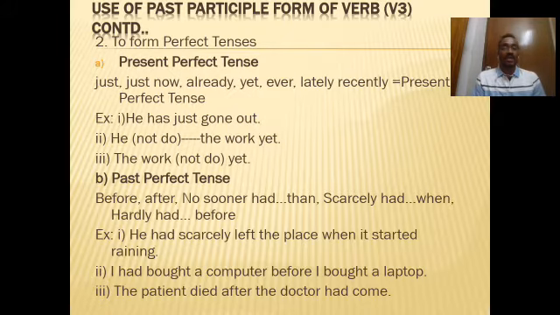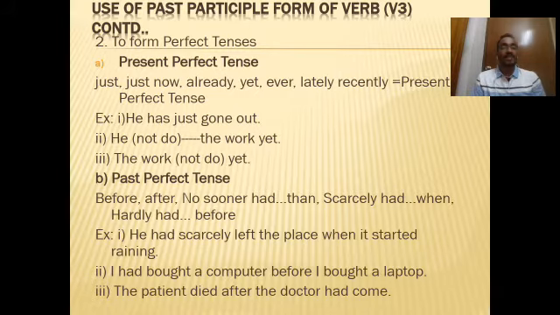You see before and after. If before and after is used as a conjunction in a sentence, there will be two clauses, and for the clause before the word before we will use the past perfect tense, and the tense after before will be past indefinite tense.